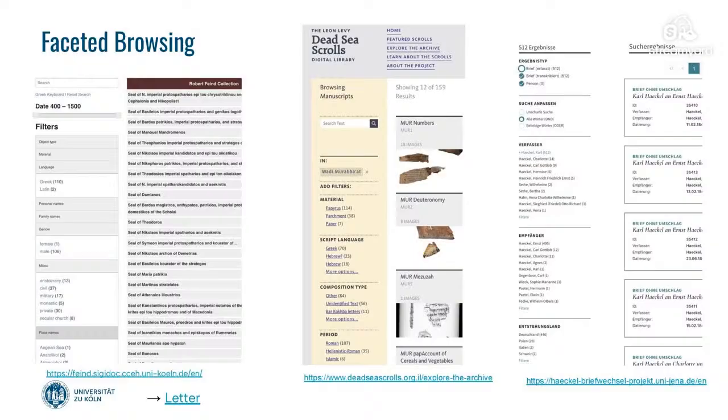And for more modern projects, like a collection of letters, you might want to search for persons, like the one that issued and the one that received the letter, or the country from where it was written. So the purposes of each virtual collection are different, and so is the way that you want to access them. They are not the same for medieval charters as they are for medieval literary texts.